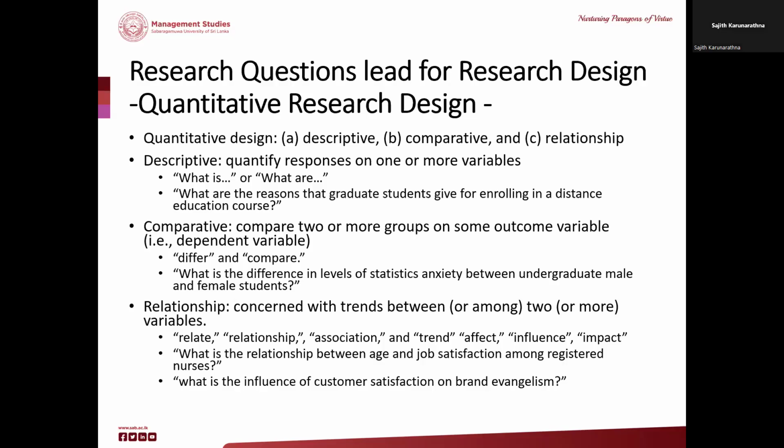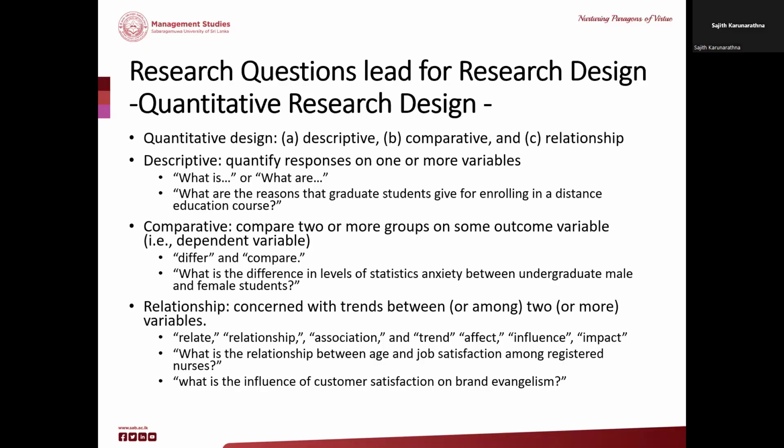For example, in finance and accountancy research, we use data from financial statements from old ages, from 2000 to 2024. Those are the historic data. For that also, we are utilizing quantitative design in order to see the lagged impact.